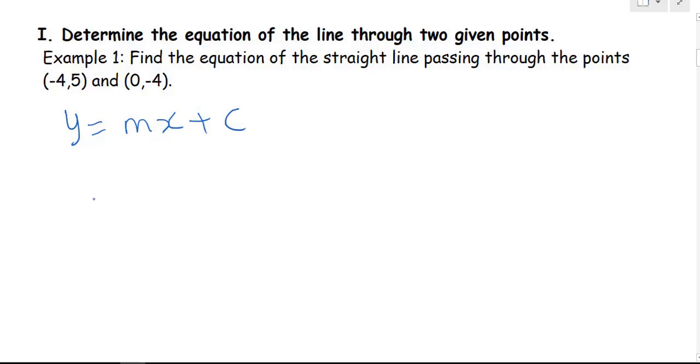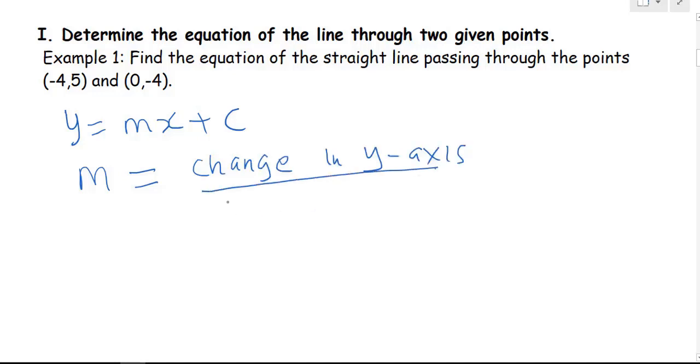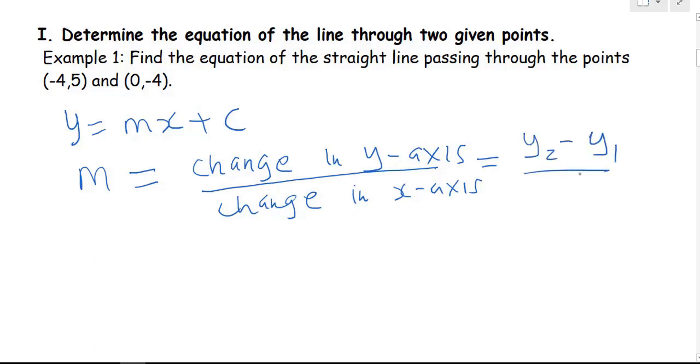plus c. Our first thing is to determine the gradient or the slope of this line, whereby the gradient m will be given by the change in y divided by the change in x, which can be represented as y2 minus y1 divided by x2 minus x1.